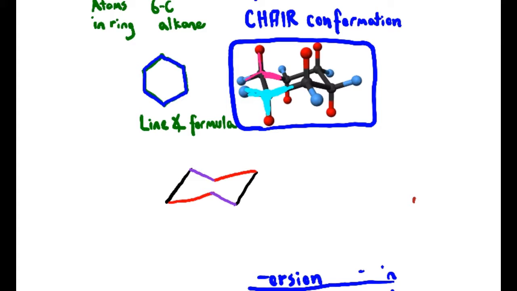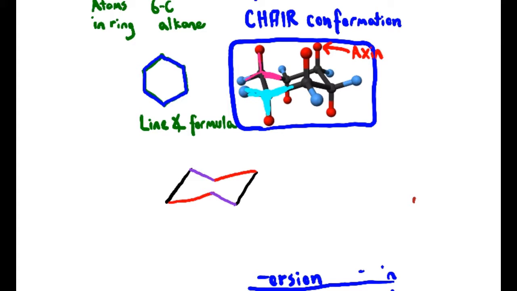So what we're going to attach to this ring is groups that point straight up or straight down. We'll refer to those as axial groups if they point straight up or straight down. And so if we look back at the ball and stick representation, here in red are the atoms that are axial, meaning they point straight up or straight down.